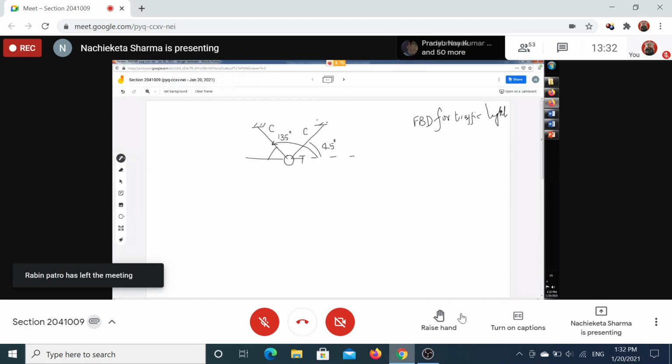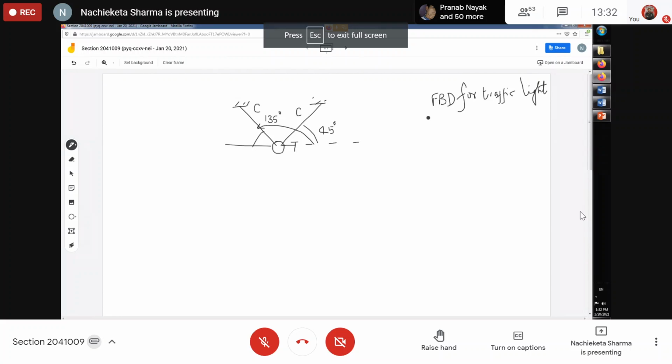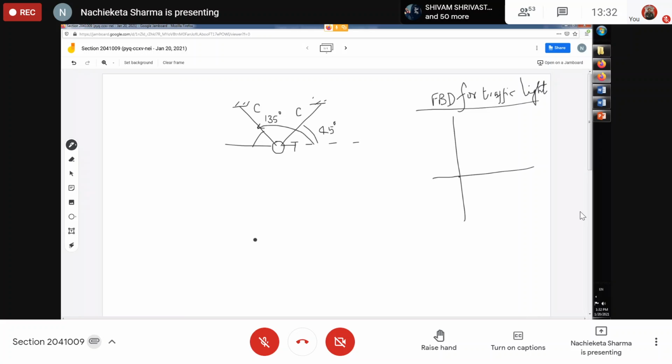Okay. So now I will take the traffic light, reduce it to a point, then I will draw my two axes, X and Y, and name them. Then I will show the forces.